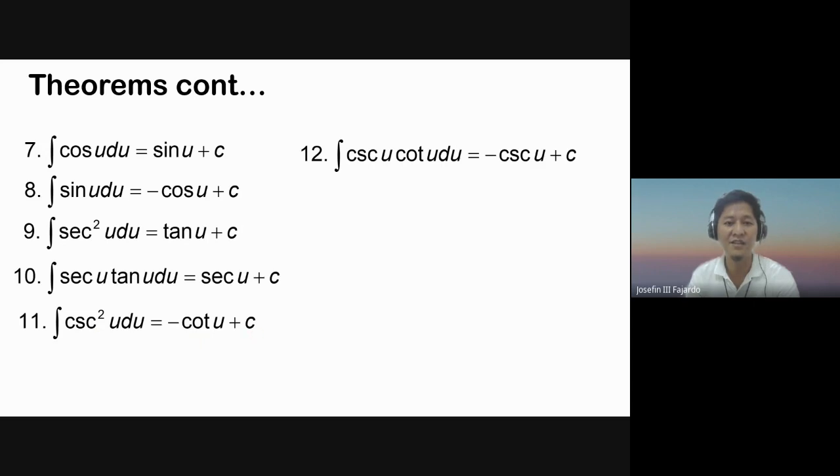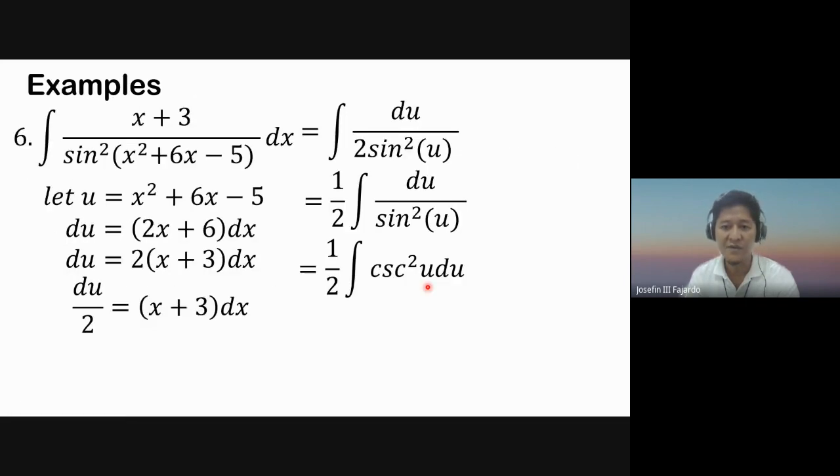Okay. So we have here negative 1/2 cotangent u plus c. Palitan natin ito ng x, or its equivalent in terms of x. We have it.